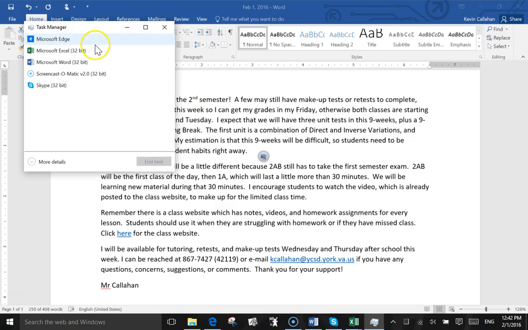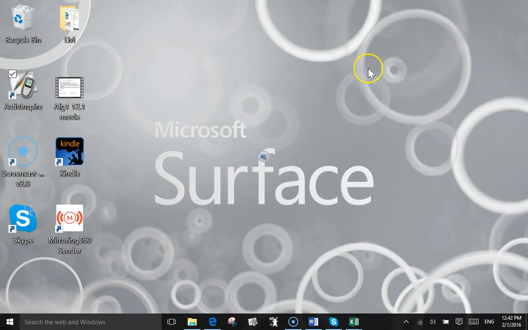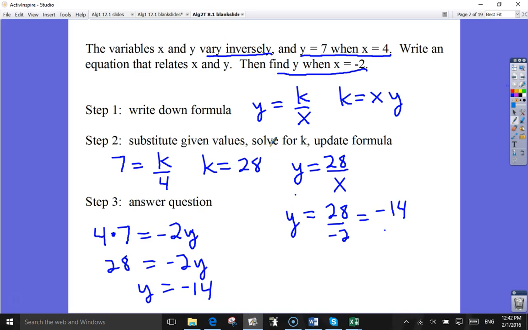So it looks like it's closed it out. What, this? That's the recorder. That's not the Active Inspire software that I use. Oh, here it is. There we go. Okay, now we can do this again.